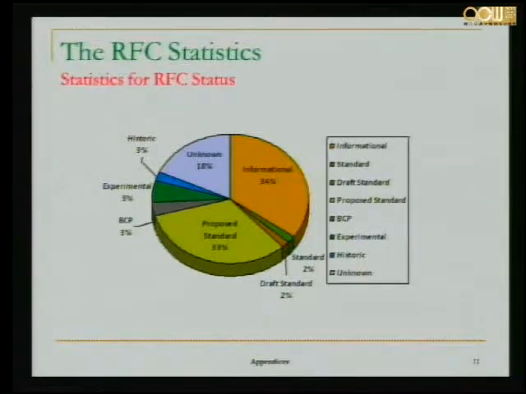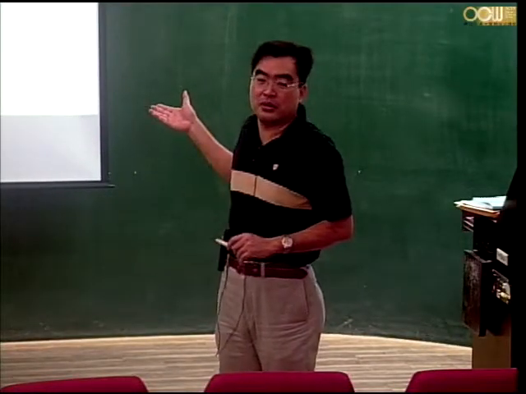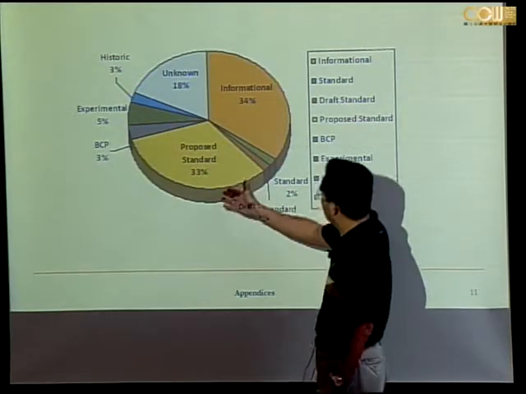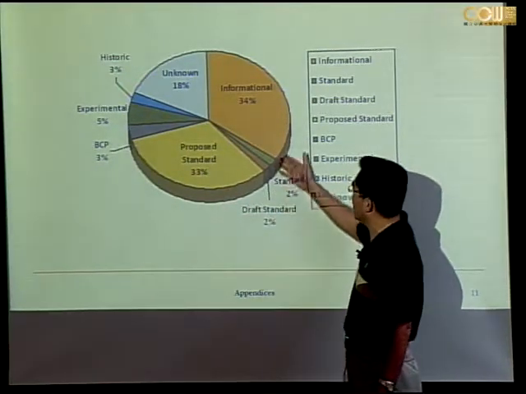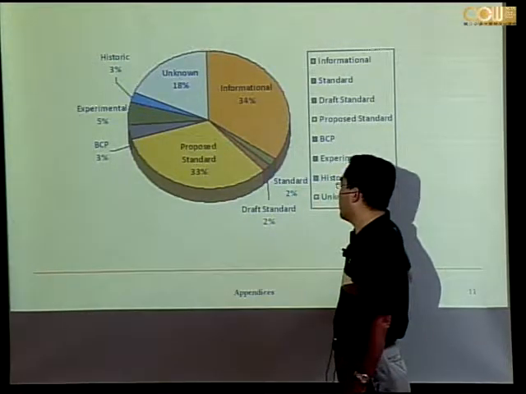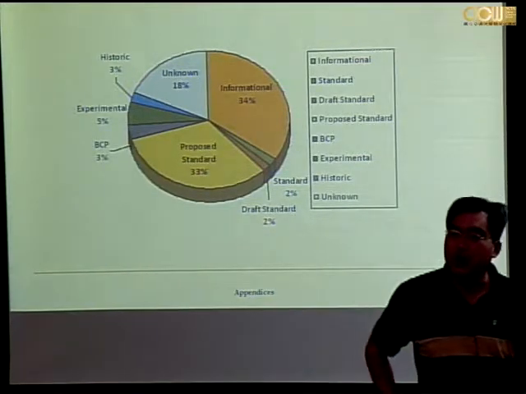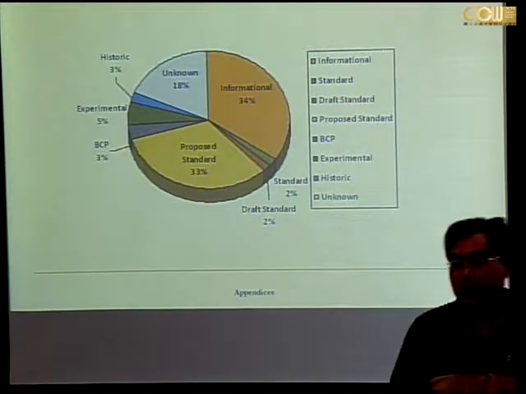That's the reason. Okay. First of all, not all RFCs are protocol standards. Not all RFCs are describing protocols. Probably only a little bit more than 1/3. So these 3, the proposed standard, draft standard, and standard, account for 37% of the RFCs describing the protocols.